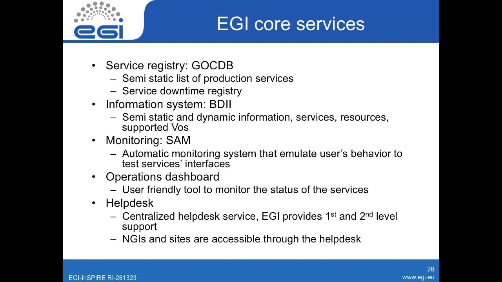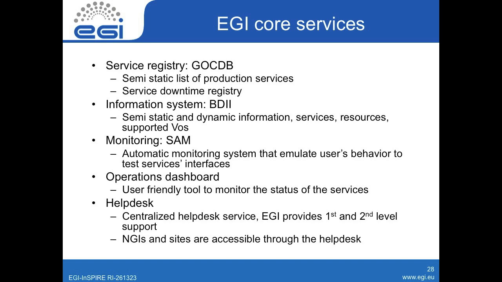And EGI provides first and second level support. That means that there is a ticket triage service, so tickets are redirected to the correct support team, to the correct site or NGI.